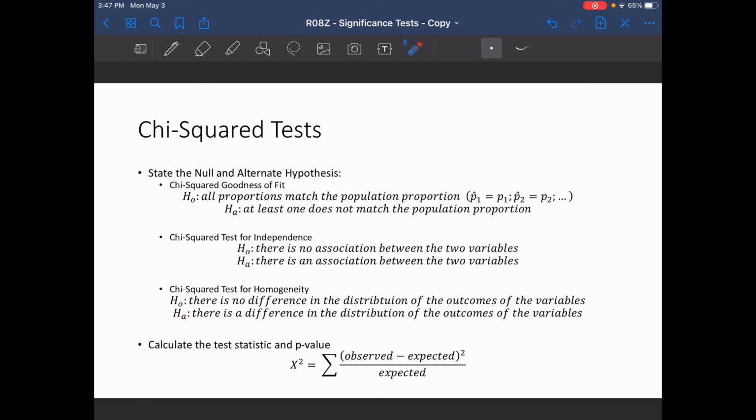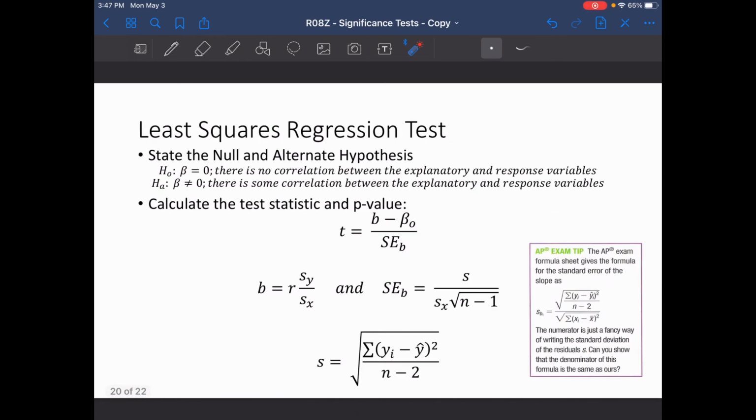And when we're calculating our test statistic and p-value, our chi-squared test statistic is basically the sum of our observed value minus our expected value, squared, divided by the expected value. So the sum of all of those instances is going to represent the test statistic for chi-squared tests in this case.